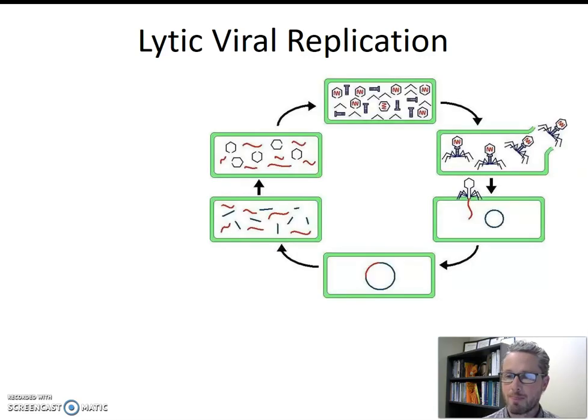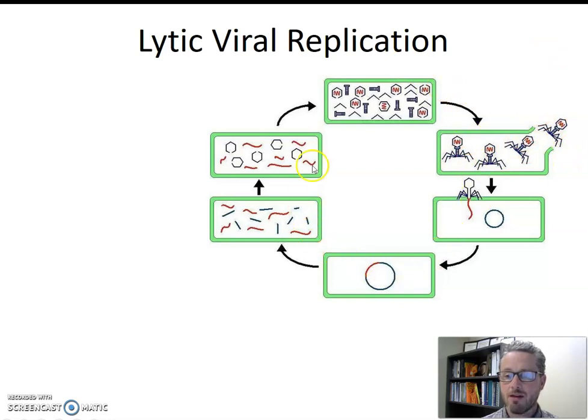Here's a diagram. So in a lytic life cycle, a virus attaches to a cell, injects its genetic information. The cell then produces viral components for the virus. Those viral components are put together into new viral particles. And eventually that cell lyses and the new viruses are released into the environment.